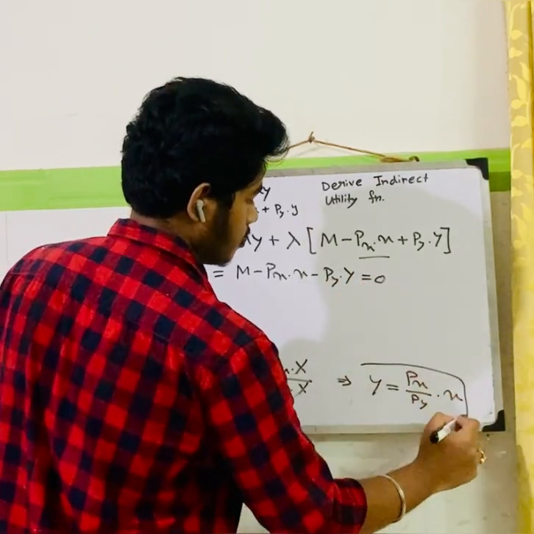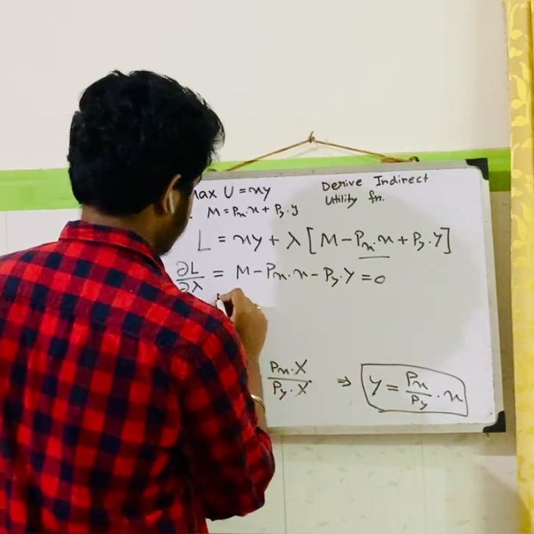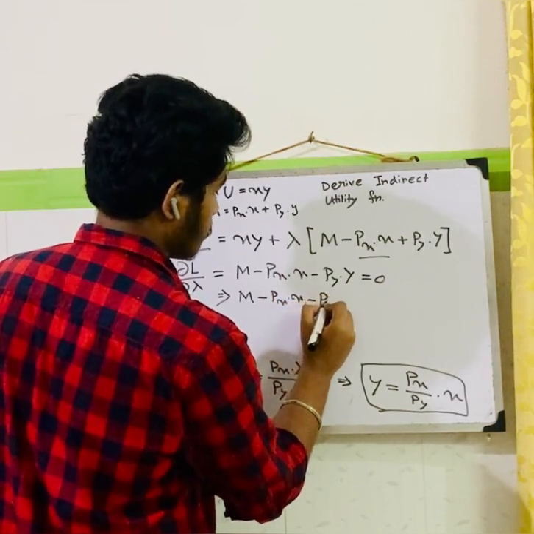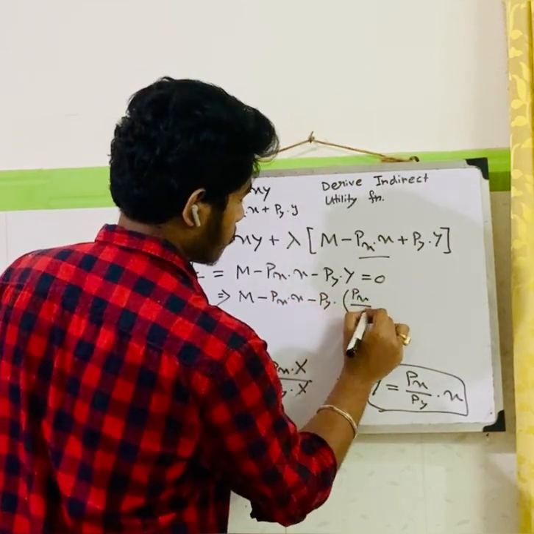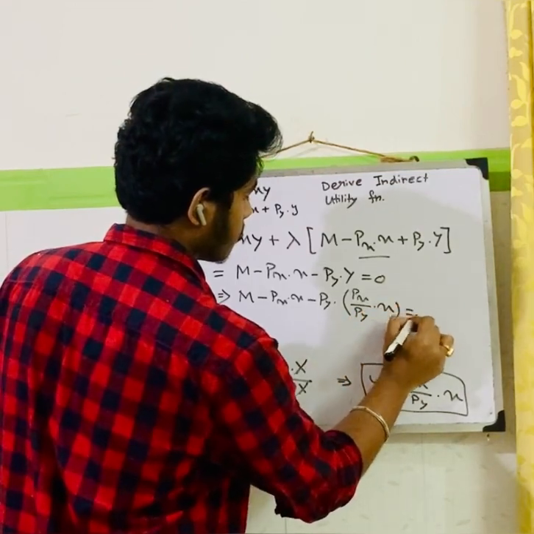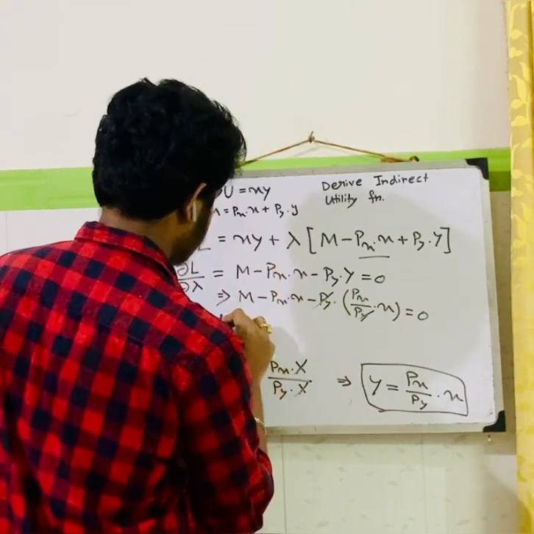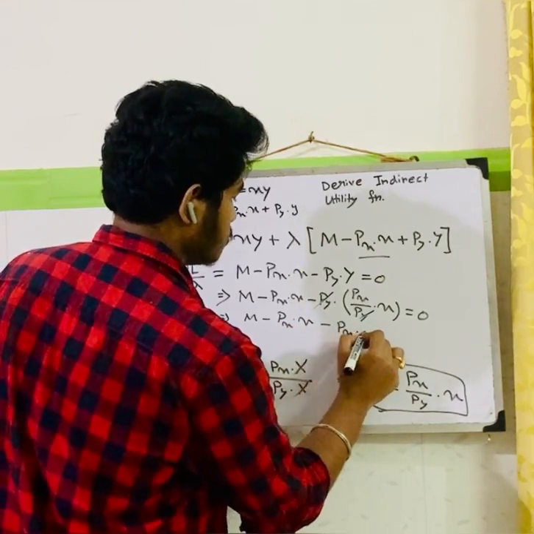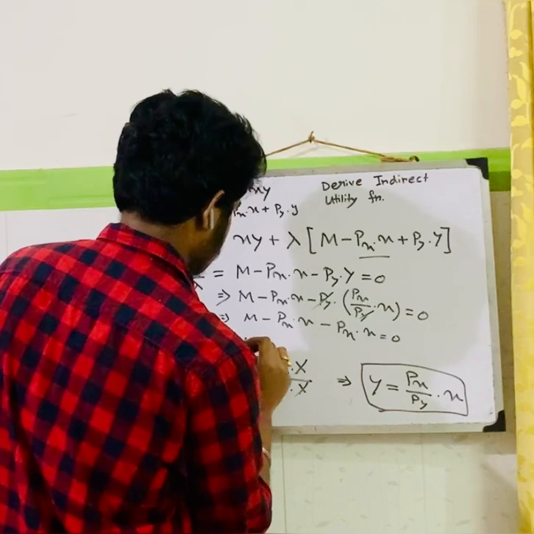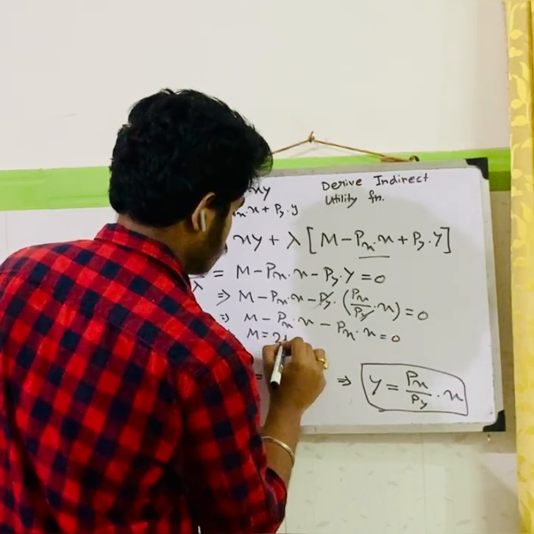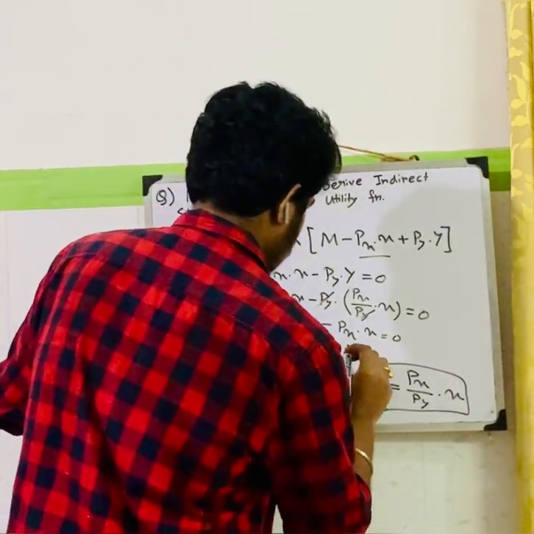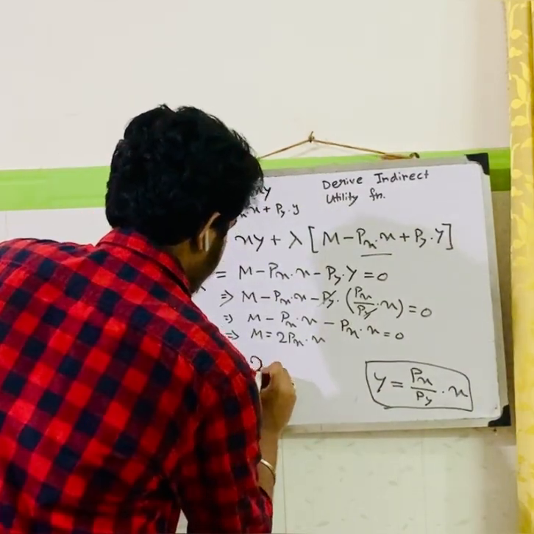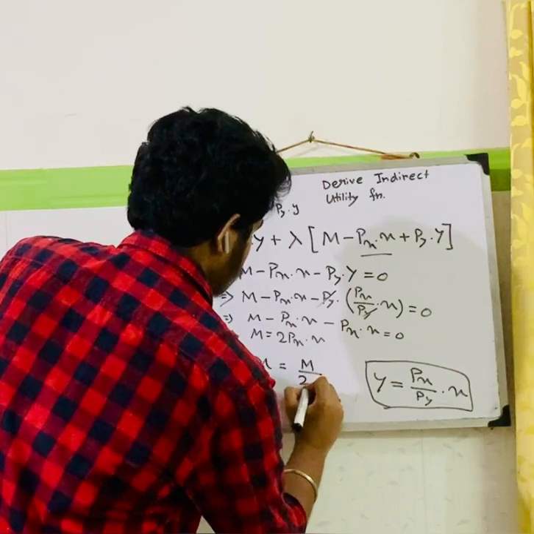Now putting this value of y in this equation, we get, now this py and py gets cancelled, so m minus px into x minus px into x equal to 0, or m equal to 2 px into x, and we get x equal to m by 2 px.